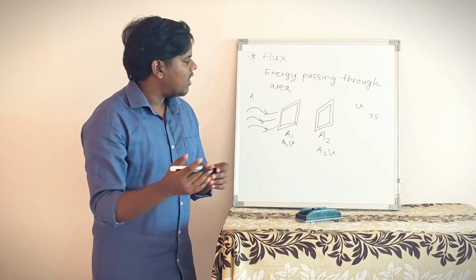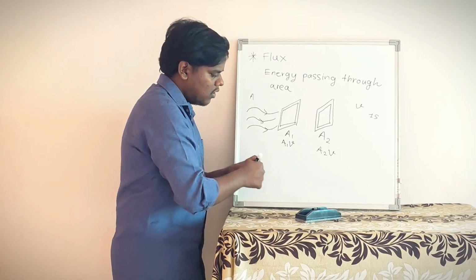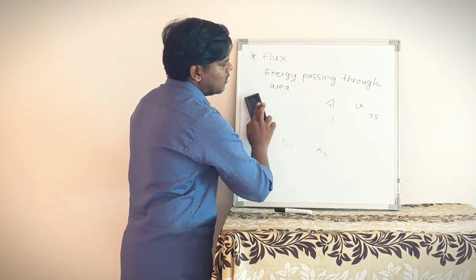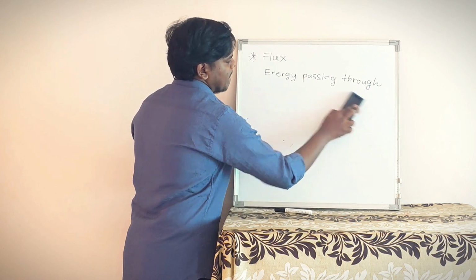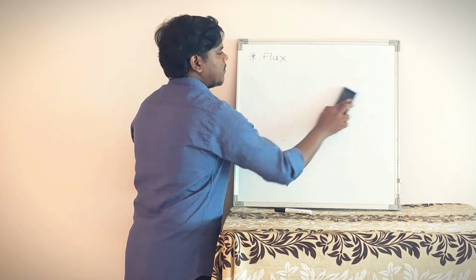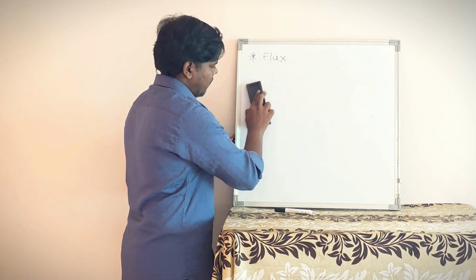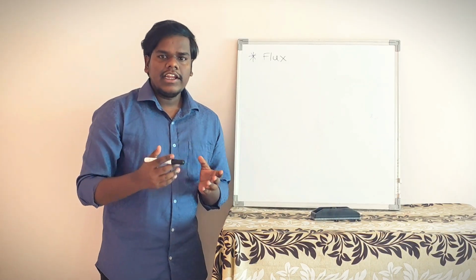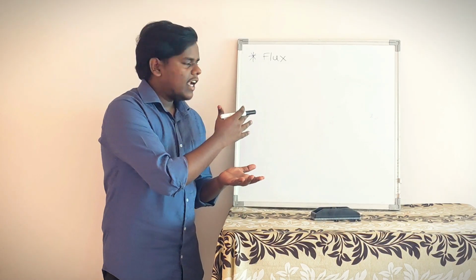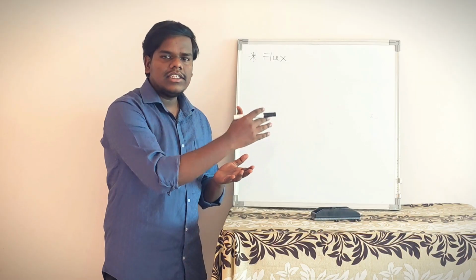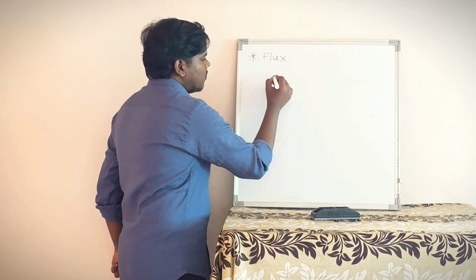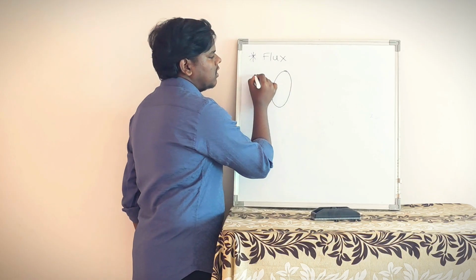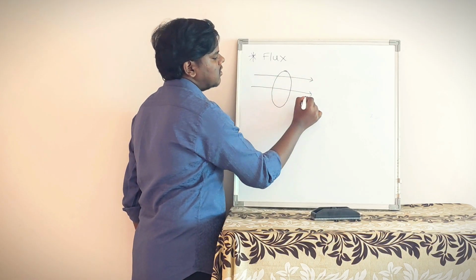If we look at the electric field, let's now understand electric flux. So in case of electric field, what is happening? Electric fields carry energy with themselves. So let's say we have an object like this, and these are electric field lines.